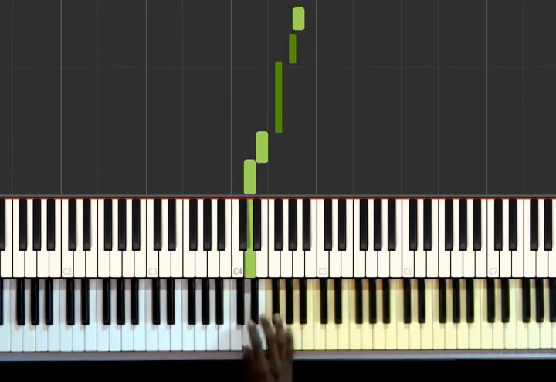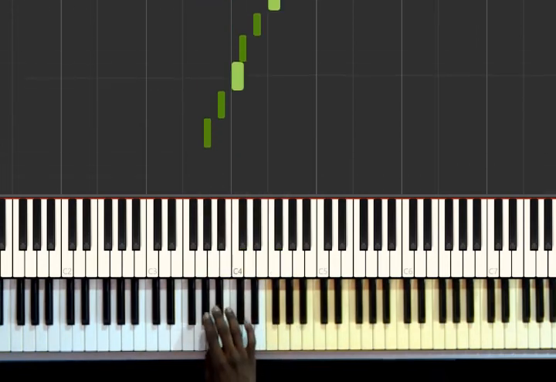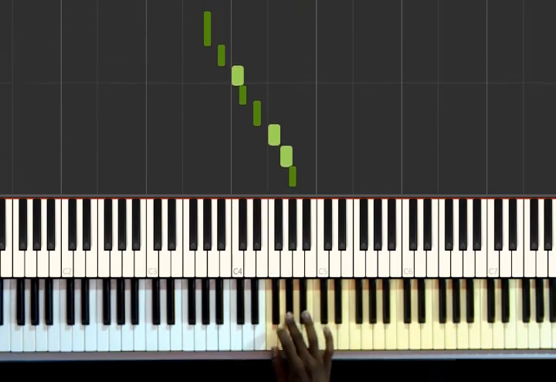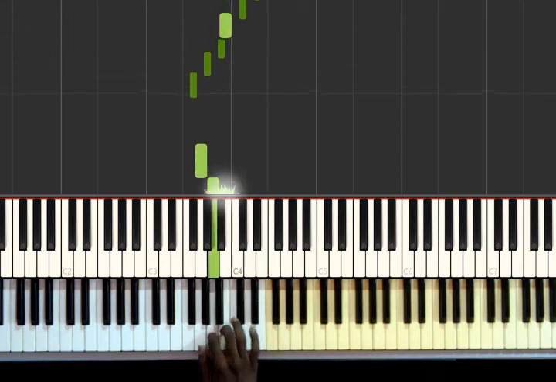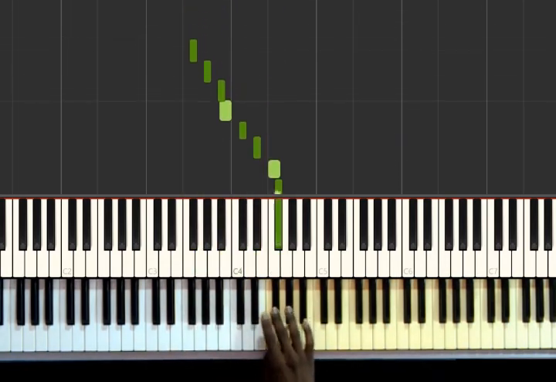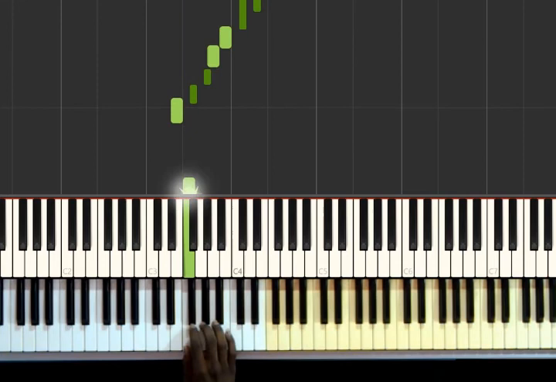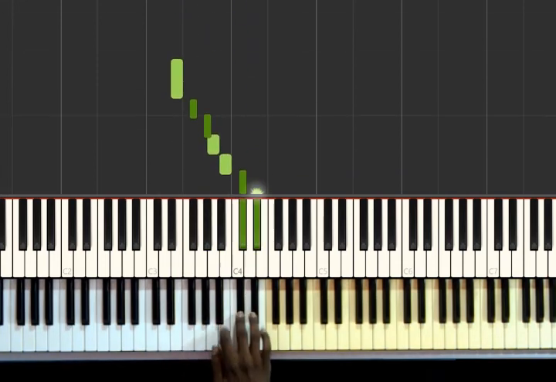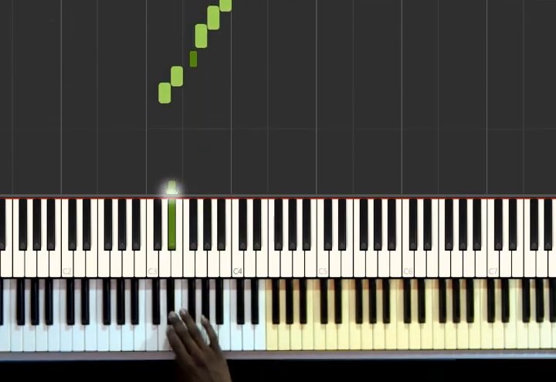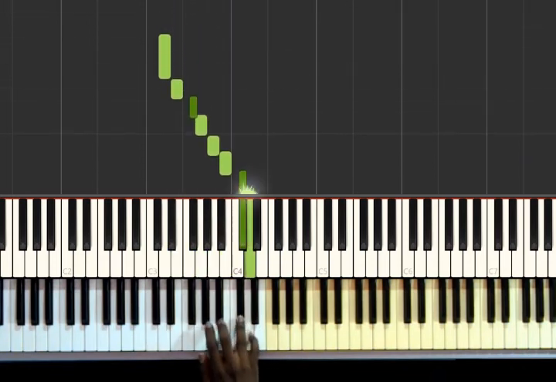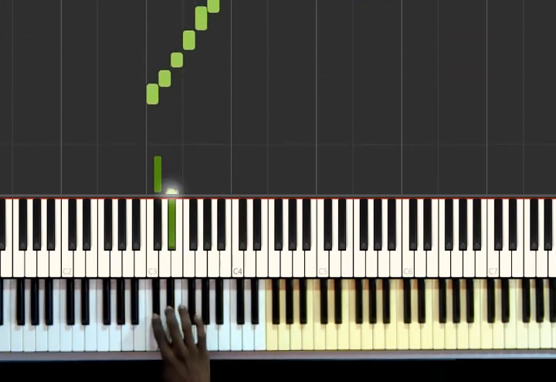A. A flat. G. F sharp. F. E. E flat. D. C sharp. C.